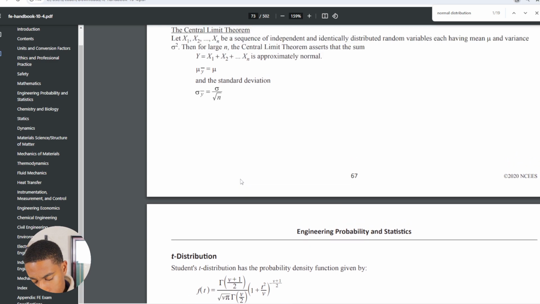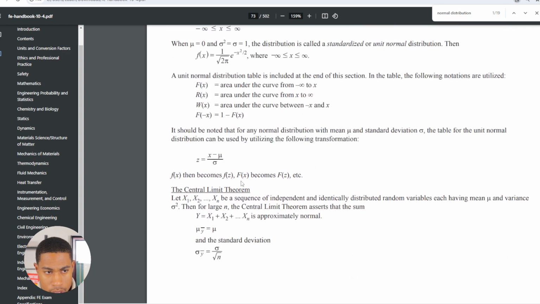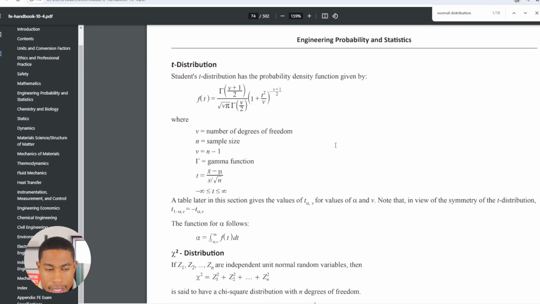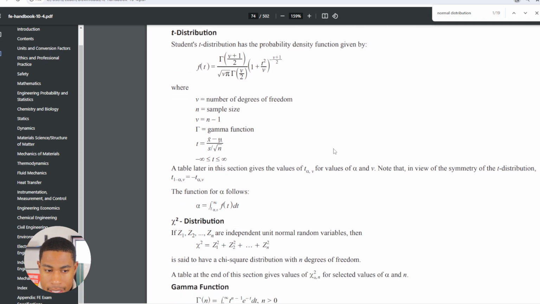So when you're dealing with normal distribution, your n value, the number of samples, is normally a large sample size. When you're dealing with t distribution, it's a smaller sample size, typically under like 30. It's very similar as far as what it is that's being distributed. It's just a smaller sample size.